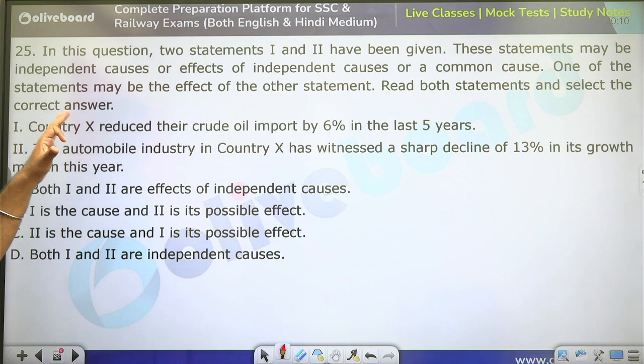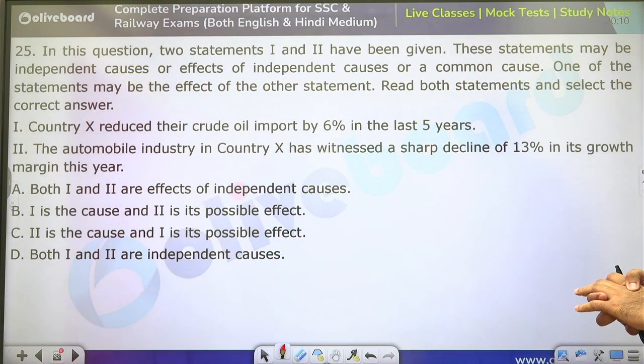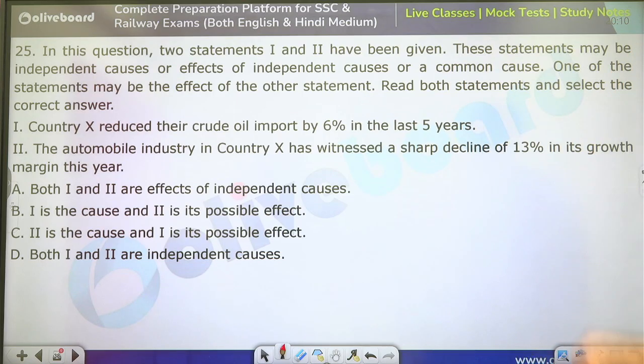So country X reduced their crude oil import by 6% in the last 5 years. This is the statement. And the other one says the automobile industry in country X has witnessed a sharp decline of 13% in its growth margin this year.